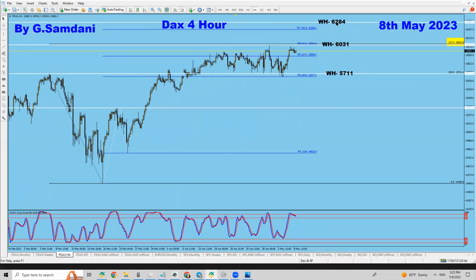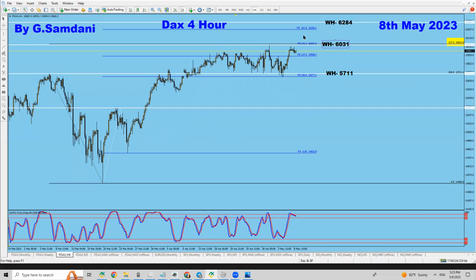These are the numbers: 62.84 and 60.31 is the one that we are about to deal with. We actually hit that number here a little bit, and then dropped back to 57.11, and now we're trying to go up. This is like a bullish flag, and then we might just break, go to the upside and touch 60.31.